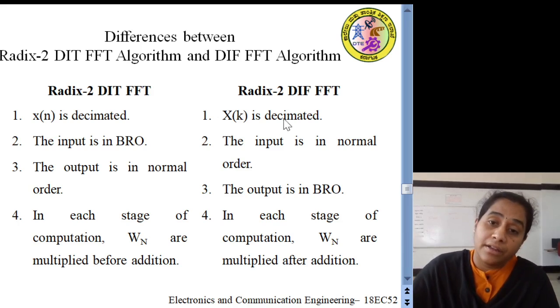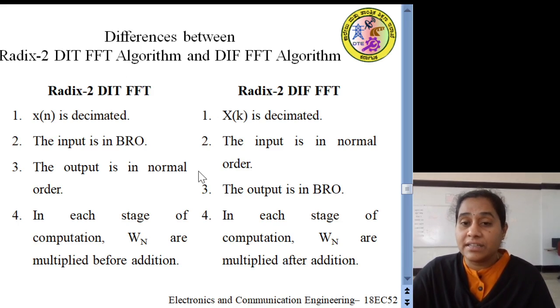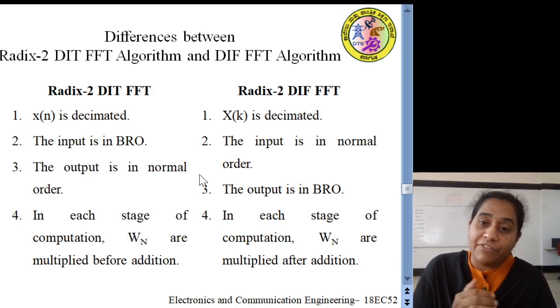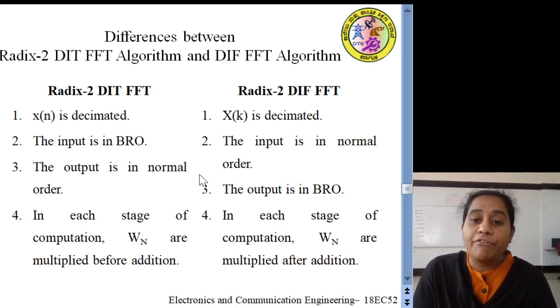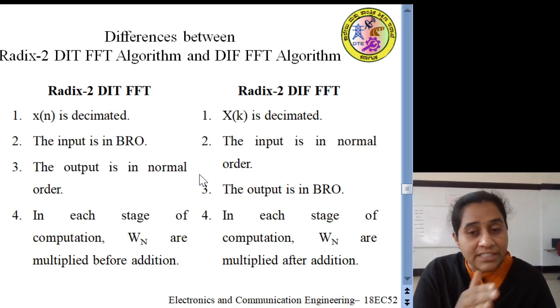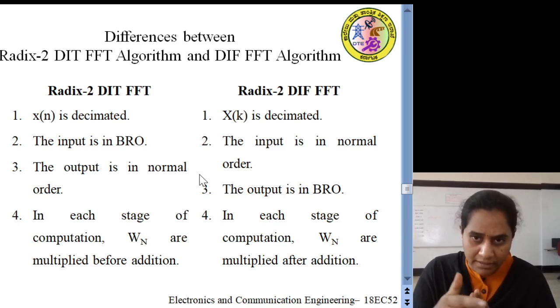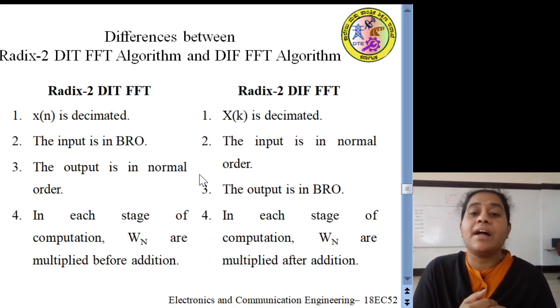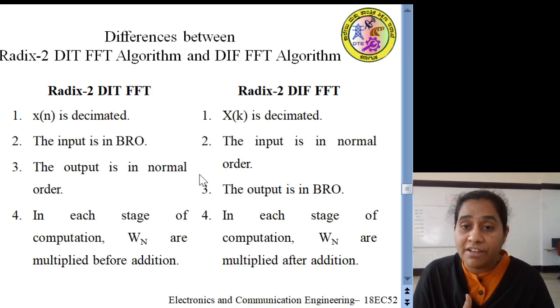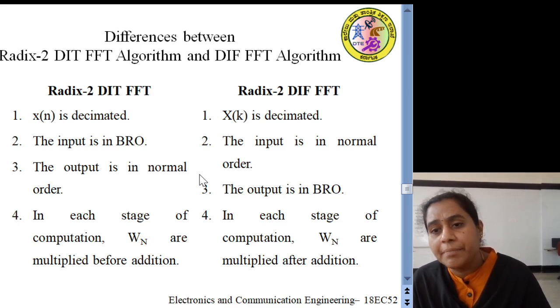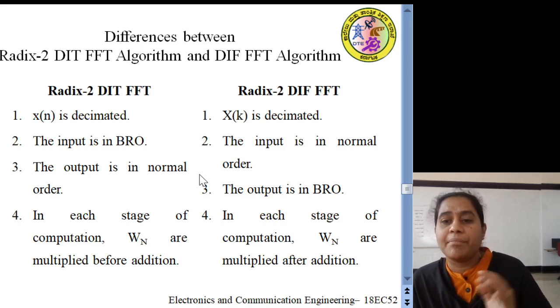Now the second difference is in giving the inputs. In the case of the radix 2 DIT FFT algorithm, we are giving the inputs in bit reversed order. So here it is not in normal order or natural order. Instead, it is in jumbled order, in bit reversal order. In the DIF FFT algorithm, the input is given in normal order.